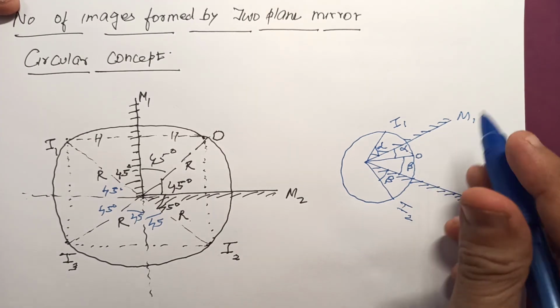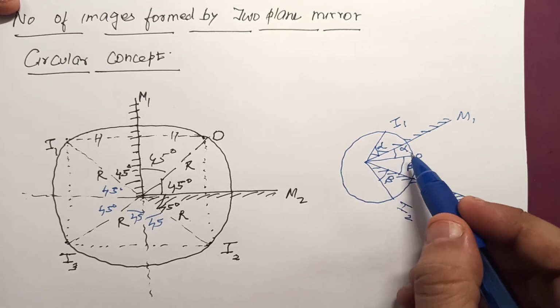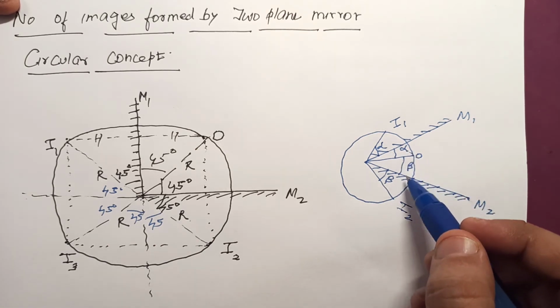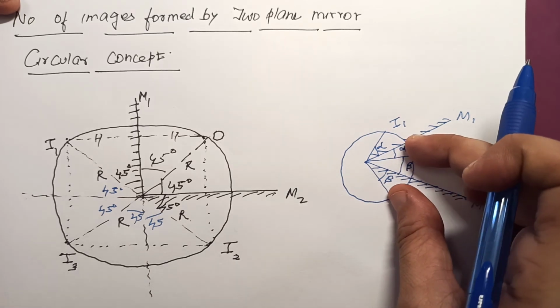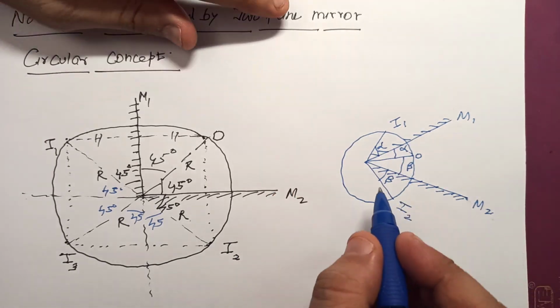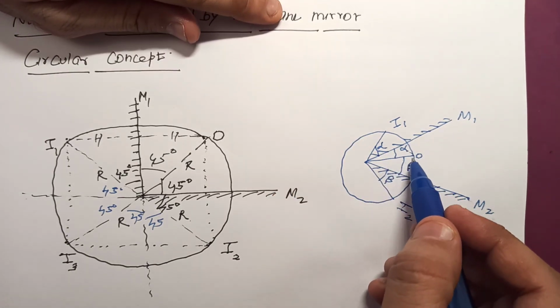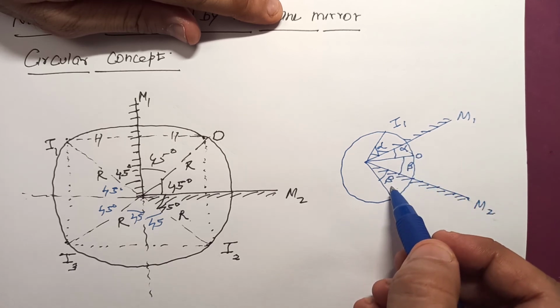Now look from M1. This image I2 is alpha plus beta distance far. So one image would be formed here with the same angle. So basically this is alpha plus beta, and it is alpha plus 2 beta.